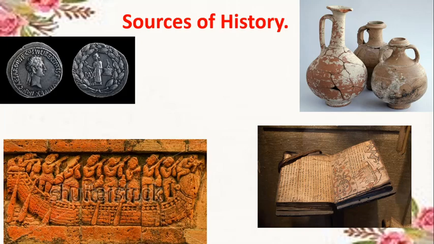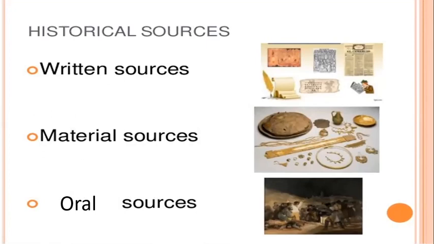Some of them are in the form of these paintings or these sculptures on the walls, etc. So all these things, children, they are all sources of history. There are many more sources of history also for us to see, and we can divide them into the written sources, the material sources, and the oral sources of history.